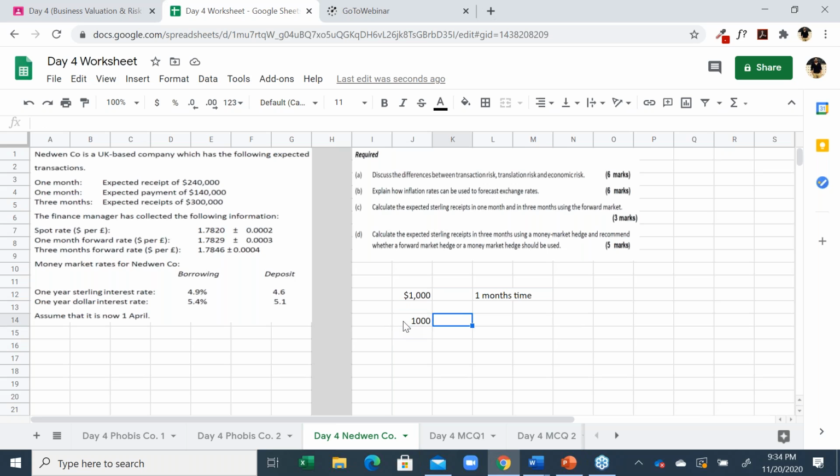And maybe we need two local currency units, that is 2 pound sterlings, to buy $1 after 1 month's time. Then how many pound sterling would we need in 1 month's time to buy $1,000?